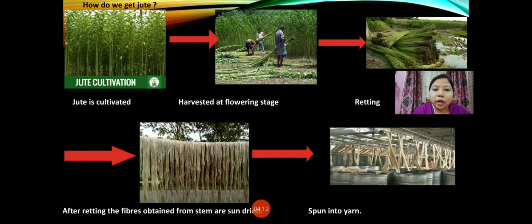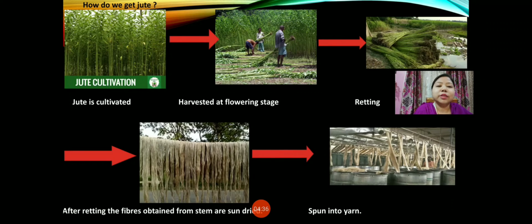After the stems are immersed in water for a few days, the fibers can be removed from the other parts of the stem. The fibers are obtained from the stem and then sun dried. After drying, the fibers are spun into yarn, and ultimately it gives us the fabric.